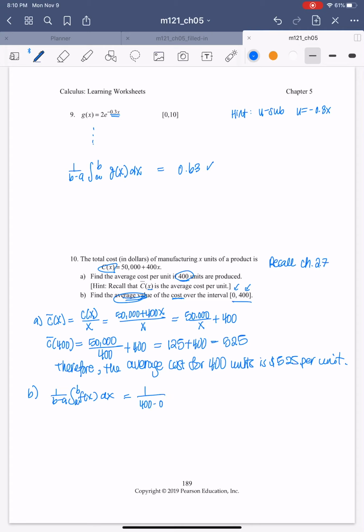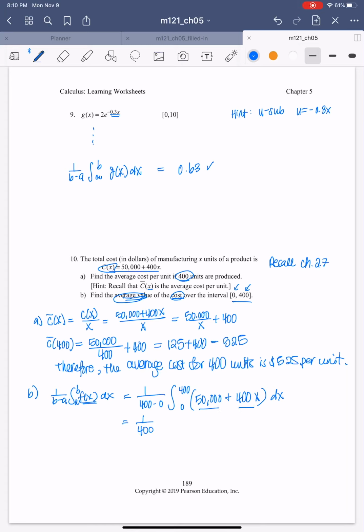400 minus 0. From 0 to 400, your f function will be your cost function. Not the average cost, just the cost function. So this will be the integral of 50,000 plus 400x dx. Very easy one to integrate, so let's do that. 400 minus 0 will be just 1 over 400.